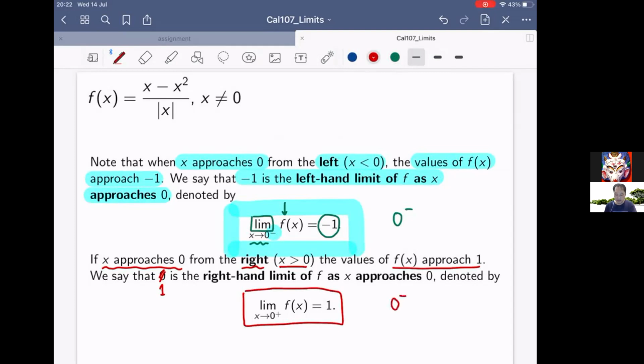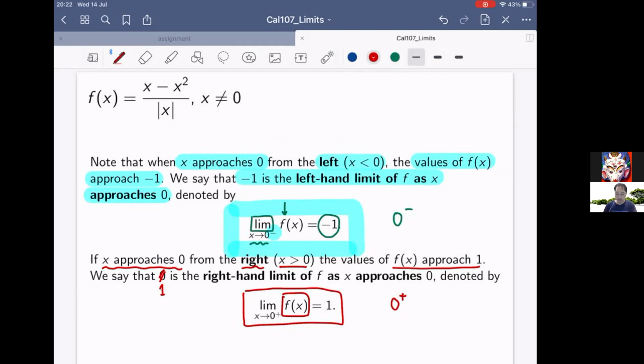Again, this is a superscript positive. This equals 1. It is read as the limit of a function f of x as x goes to 0 from the right equals 1. Again, your function value can never reach 1, but it just goes close to 1 as your x goes close to 0 from the right.